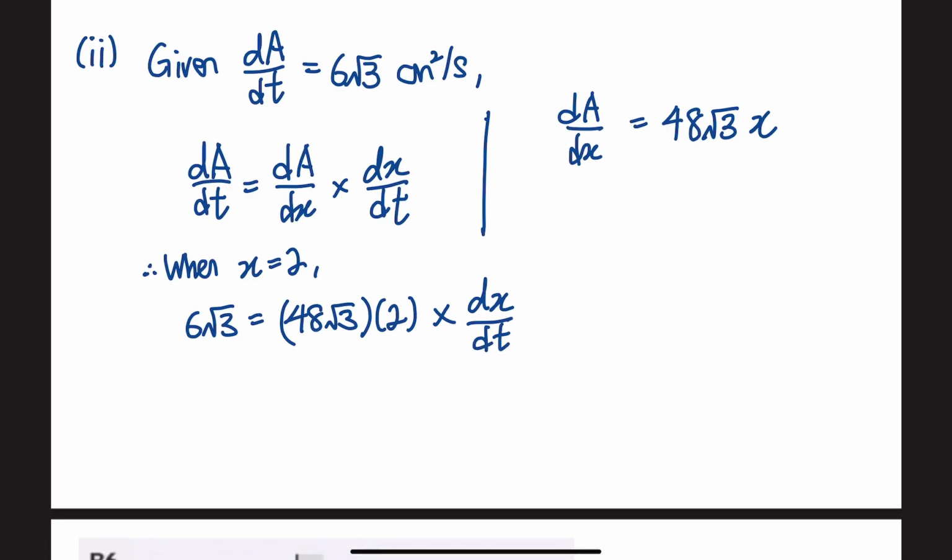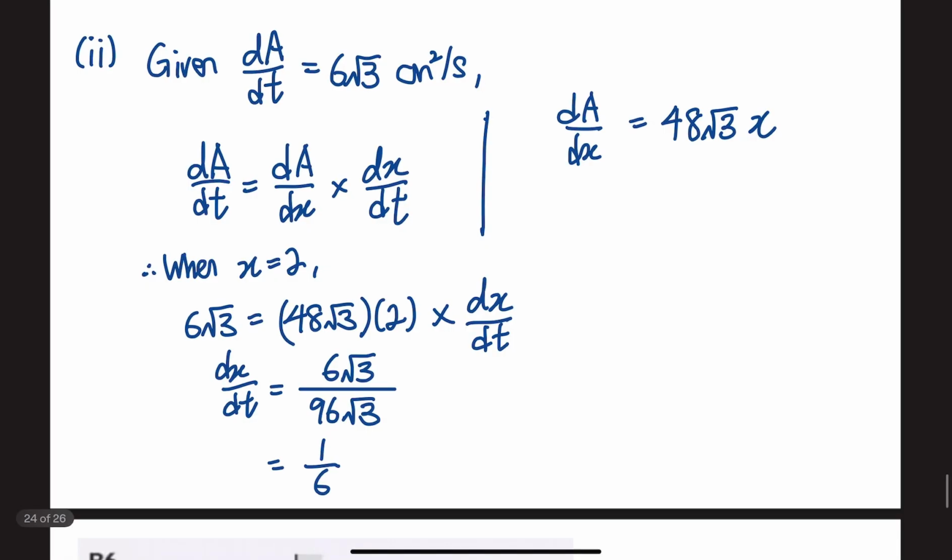So very simply, dx over dt is equal to 6 root 3 divided by 48 times 2, which is 96 root 3. Simplify everything from here. This is simply 1 over 16.